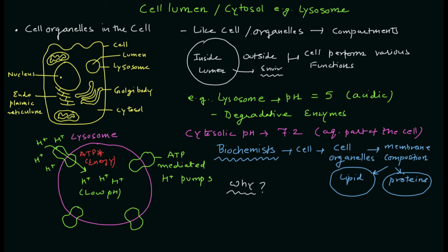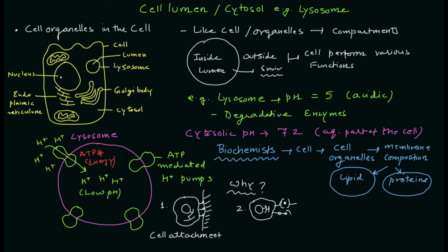And why do we need to study a cell in so much detail? Because we want to understand the function. A cell can also attach to abiotic or biotic surfaces, and for that its membrane needs to be modified. It can also interact with other cells, right? So it needs to have receptors, and this part is the cell interaction.